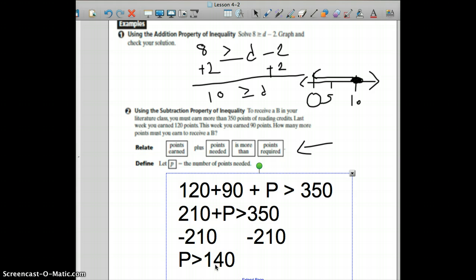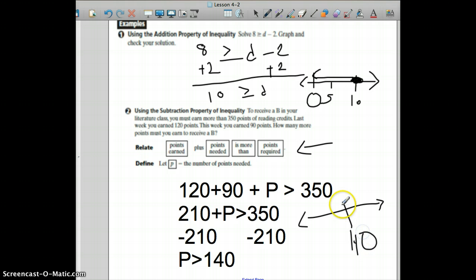So I could earn 141 points this week, 142, 143, 140.01. I don't know if it's possible to earn partial points here, but think about where 140 is on the number line. Here's 140, and I need to earn something that is more than that.